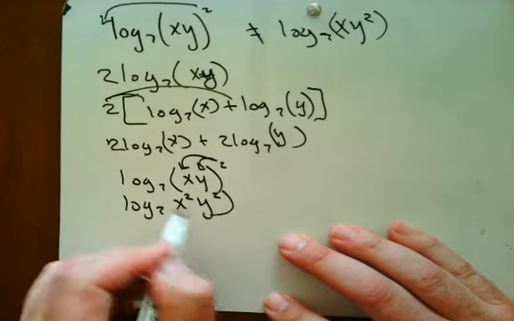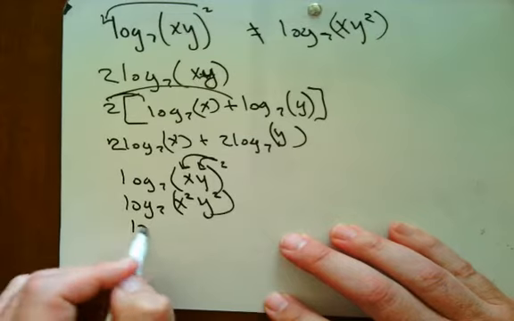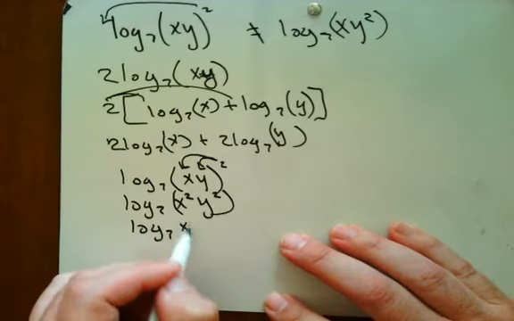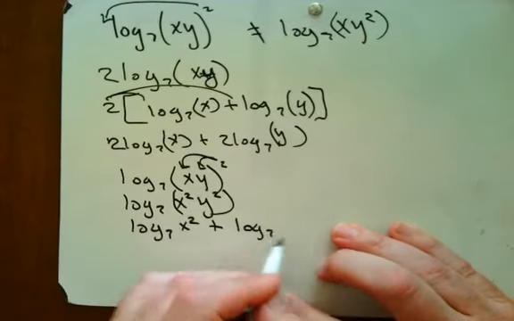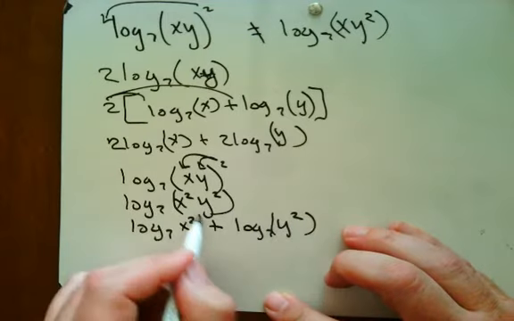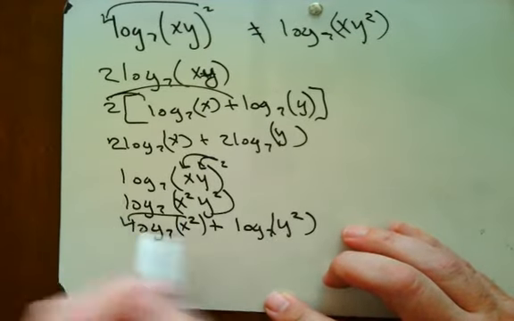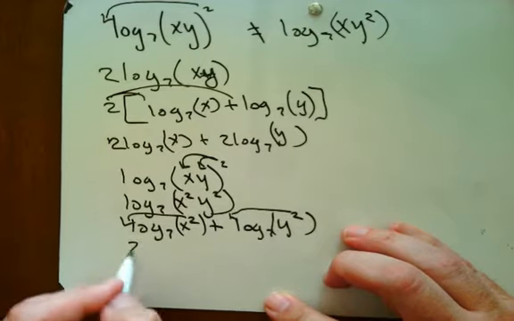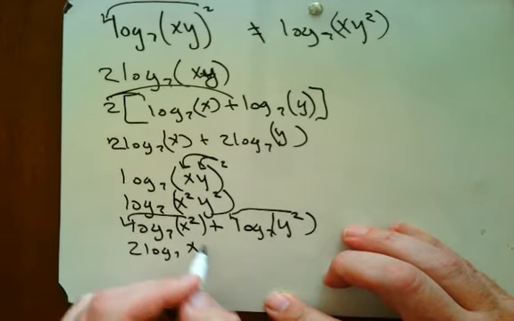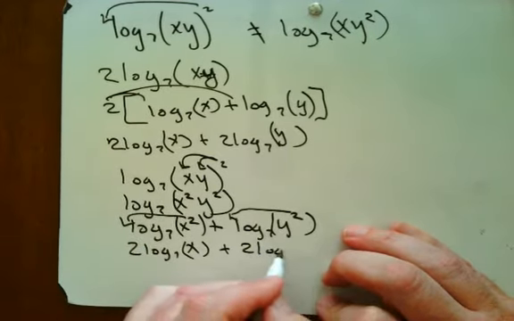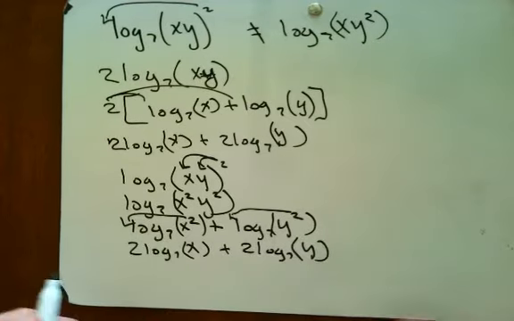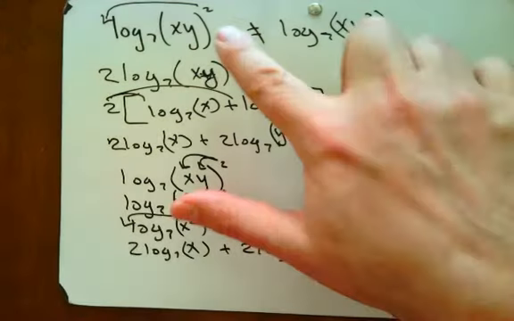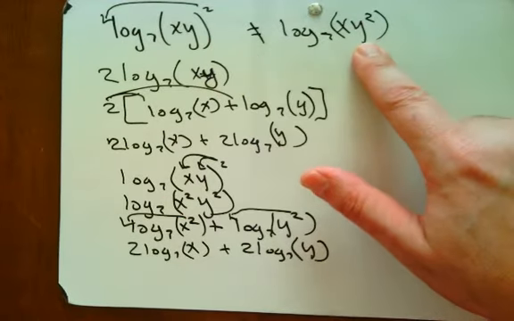You know, with this problem, if we go back to the original problem, we could apply this exponent to each of these and rewrite the problem as log base 7 of x squared y squared, and then use the product property, log base 7 of x squared plus log base 7 of y squared, and then use our power rule not once, but twice to get 2 log base 7 of x plus 2 log base 7 of y.